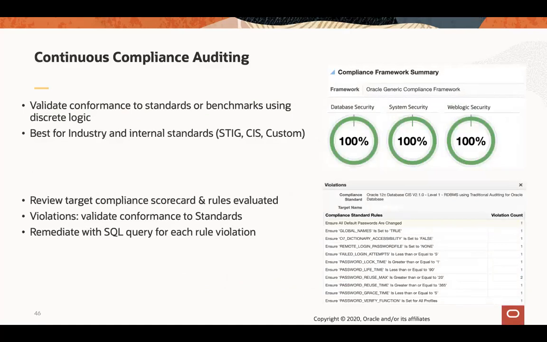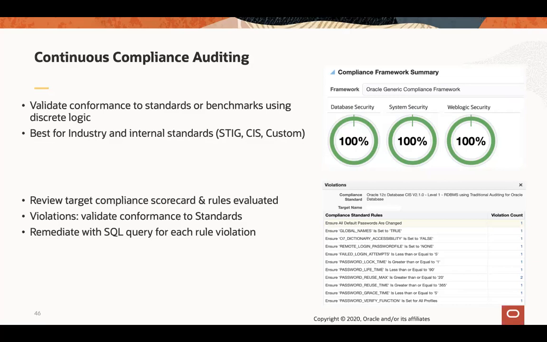And as I mentioned before, one of the key aspects of Enterprise Manager is to avoid managing at a target by target level and to be able to manage across groups or sets of systems, as well as across the entire database estate. Here's a great example of this, where with the compliance framework, you can have dashboards set up that will scan across groups of databases and tell you how well your different standards are applying across those targets.